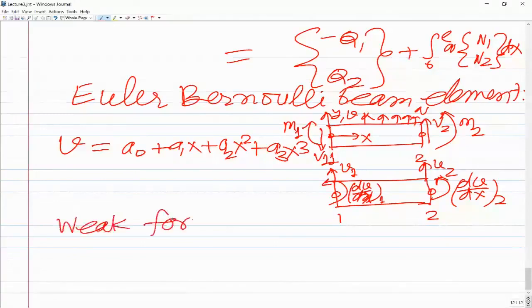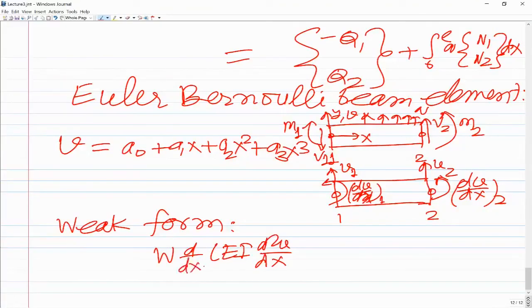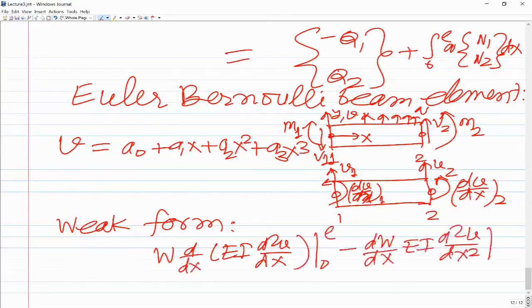The weak form for this case, within the element, is going to be basically w into d by dx of EI into d2v by dX squared. Let me put capital X because I'm writing for the element, so the local coordinate is capital X. So we have this evaluated at 0 and L. Then we have minus dw by dx, EI into d2v by dx squared, evaluated at 0 and L. So we have already written this.